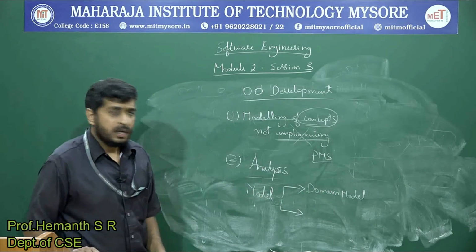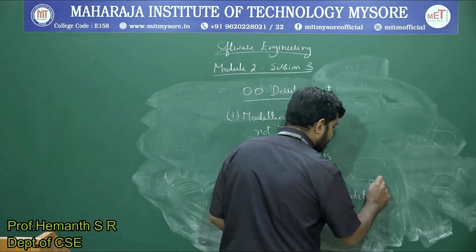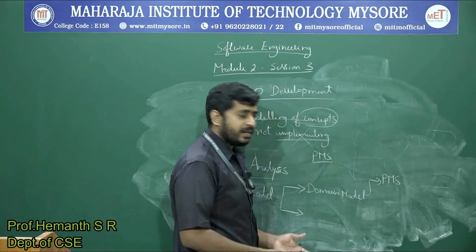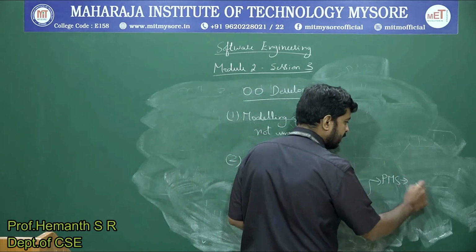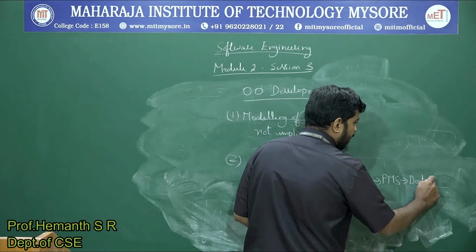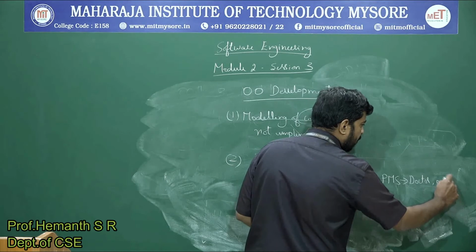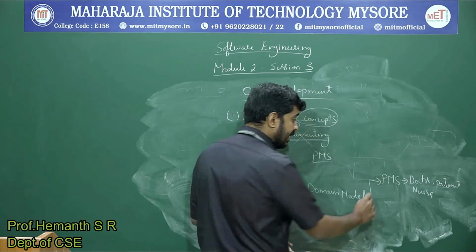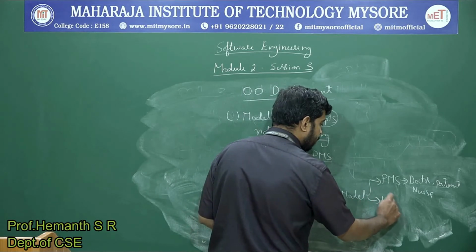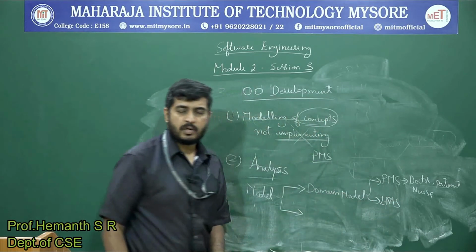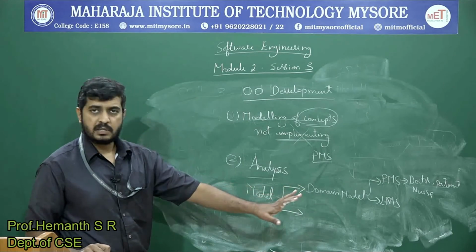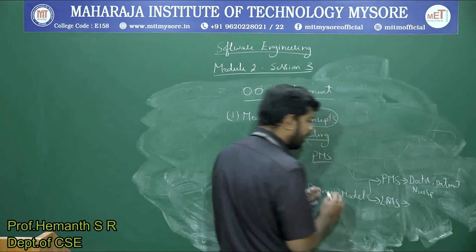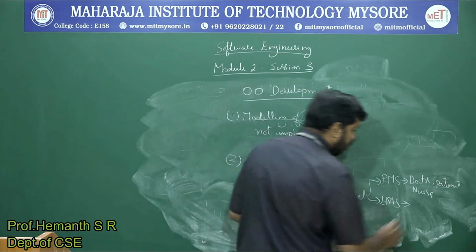For example, if it is a patient monitoring software, what are the different real world entities? Already we have seen it. It may be a doctor, a patient, nurse. If it is a library management software, I'm writing the short forms just to save time, so LMS, library management software, what are the different entities? What are the different real world objects?